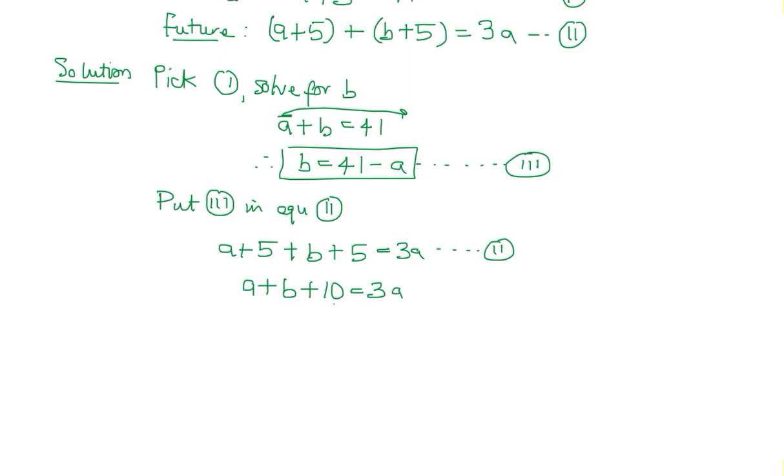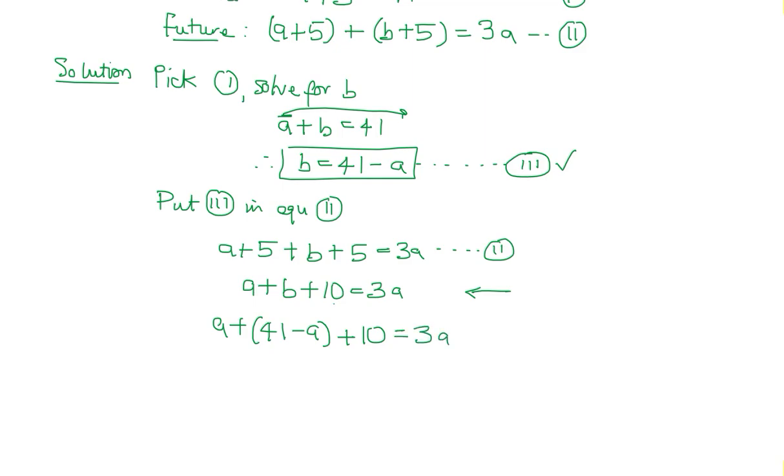So therefore, since we've simplified the left side of the equation, we put our B from equation 3 in this equation right here. Where I see B, I put in 41 minus A. Therefore, A plus 41 minus A, and this here is plus 10. Bring that down, and that is equal to 3A.